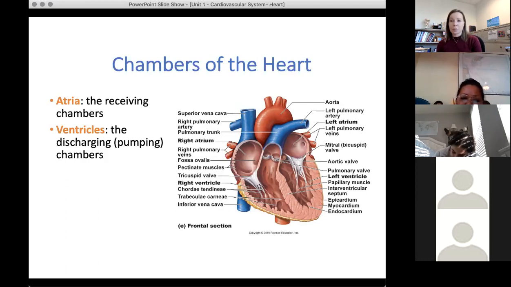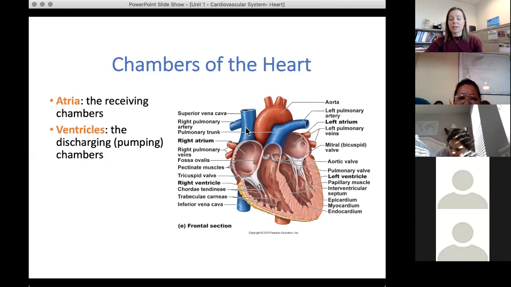I'll give you a quick description for each. The superior vena cava carries blood from all areas above the heart. And that's this blood vessel here. This is the superior vena cava.